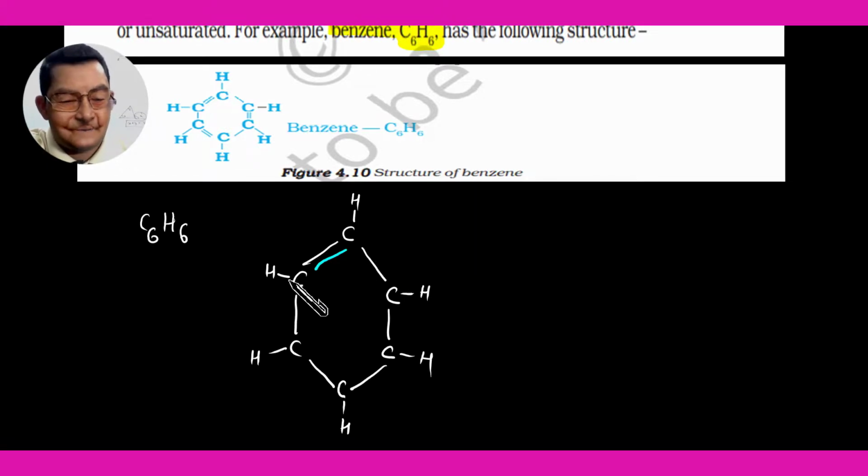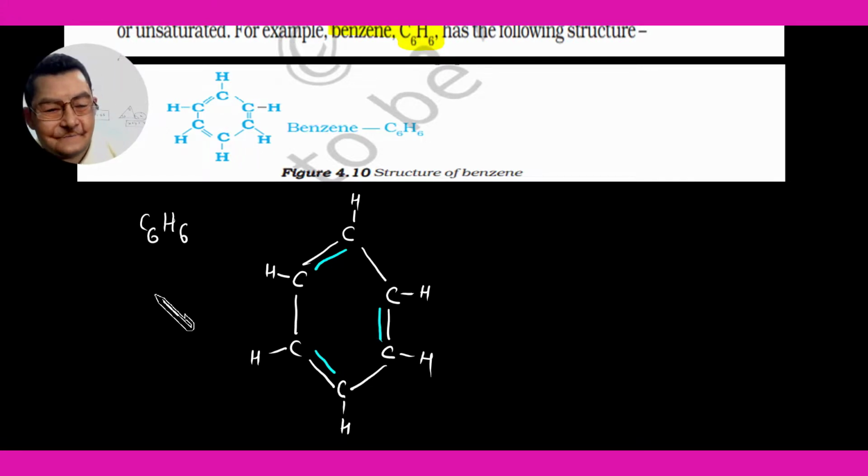Even this carbon is happy and has 4 bonds. So we leave this one, and we draw a double bond over here. 1 double bond, leave it. 1 more double bond, leave it. 1 more double bond. Okay? So you've got alternate double bonds and alternate single bonds in the case of benzene.